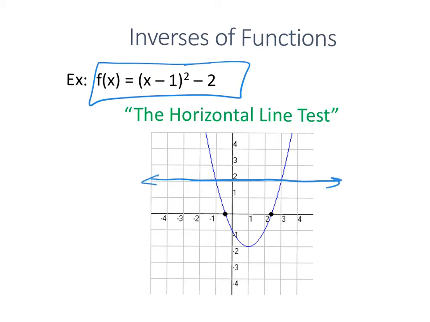If I place my horizontal line, it hits twice, and it's similar to the vertical line test: if it hits more than once, then it would be no. This would not have an inverse.